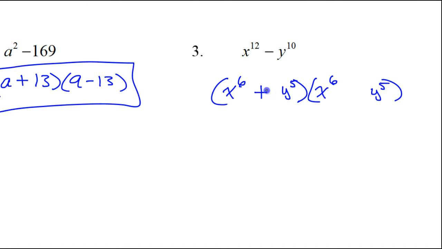And we will go plus and minus. And that's it. If somehow these were still even, if this was a 6 and say this was a 4, I would factor further. But there's no more difference of 2 squares, so this is the end.